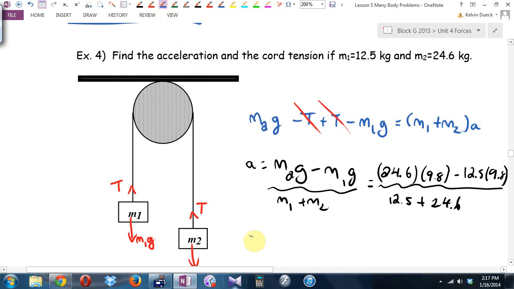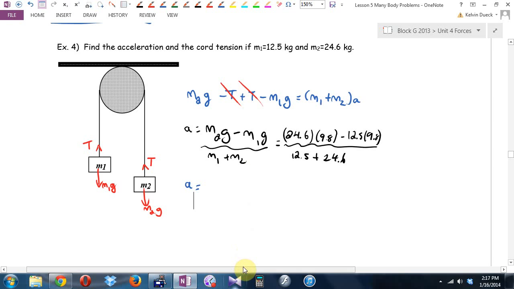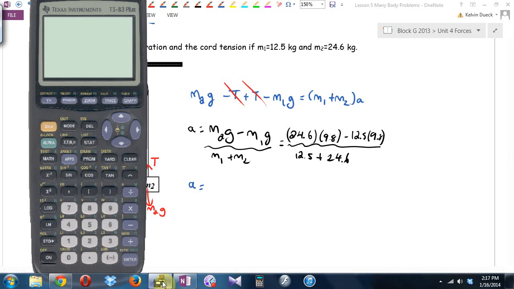Is there more than one number on the top? I'm thinking brackets. Is there more than one number on the bottom? Yeah, I'm thinking brackets as well. I think I'm going to go like this. Bracket 24.6 times 9.8 minus 12.5 times 9.8, close bracket, divided by bracket 12.5 plus 24.6.